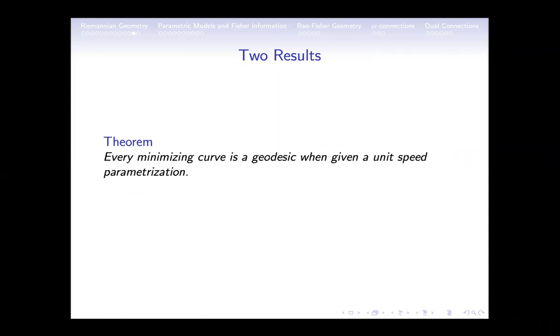The second says that every Riemannian geodesic is locally minimizing. So in our case, when applying Riemannian geometry to statistical manifolds, you don't need to be very specific about finding minimizing curves. In most cases, we can just find the geodesic.